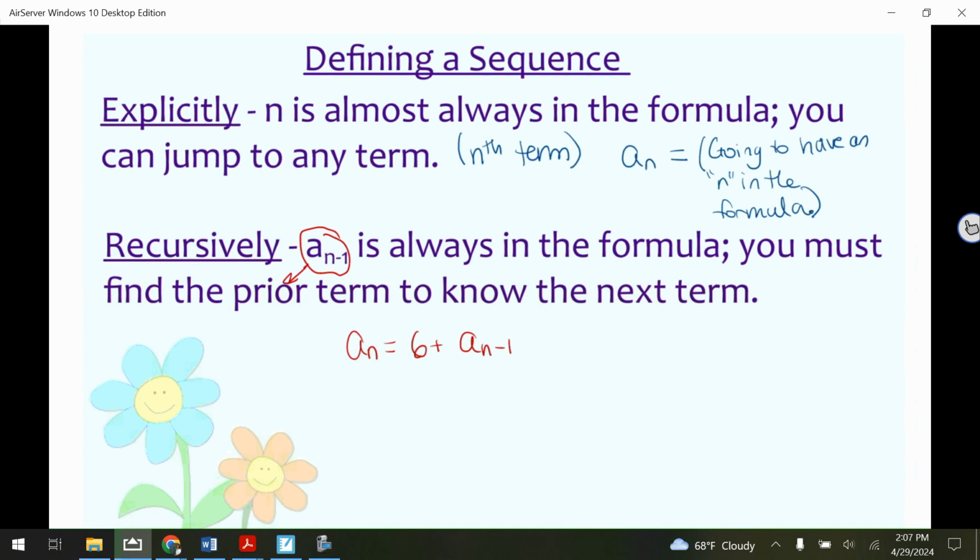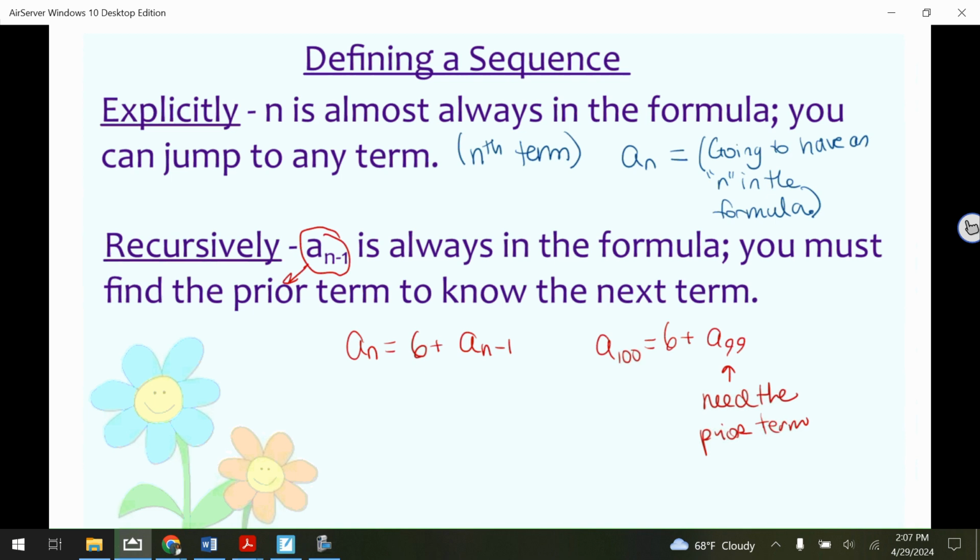So if you wanted to find the 100th term, let's say, it'd be 6 plus a sub 99, you would need to know the prior term. So it doesn't allow you to skip around in a sequence. You essentially just have to calculate it all one by one.